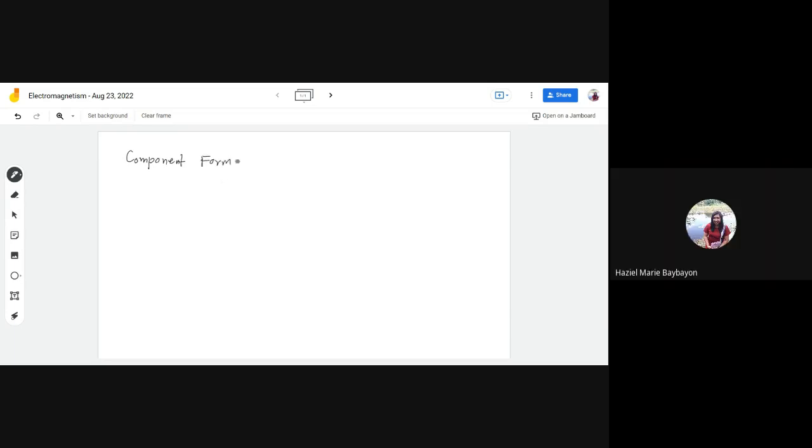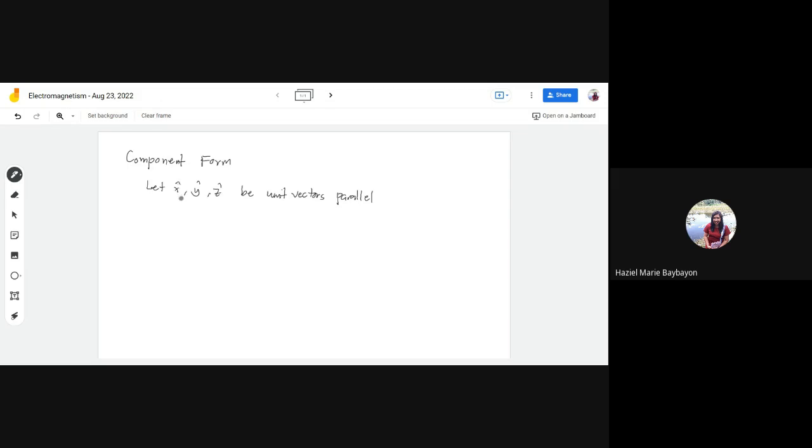So we have the component form. If we let x hat, y hat, z hat be unit vectors, are you familiar with unit vectors? Yes, ma'am. Okay, so siguro ang atong na-learn is katong i hat, j hat, k hat. So these are similar.